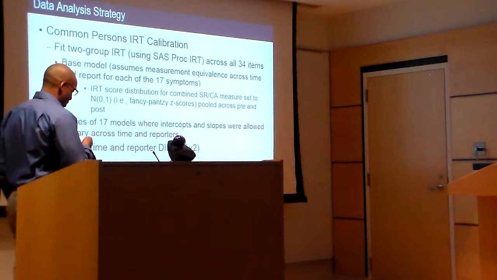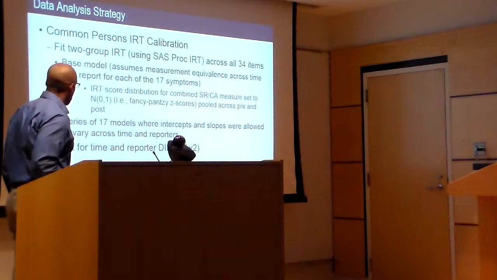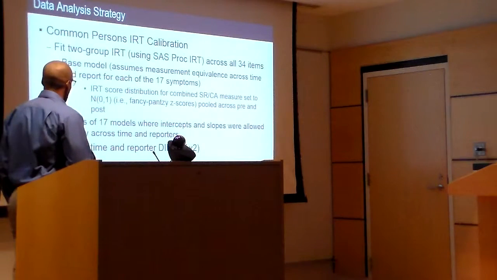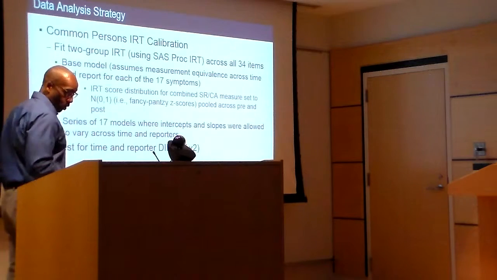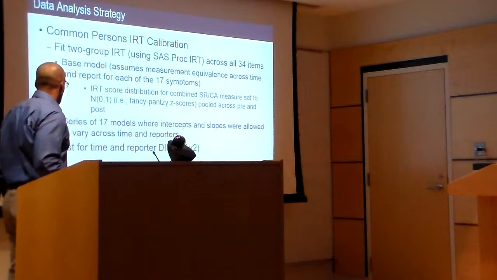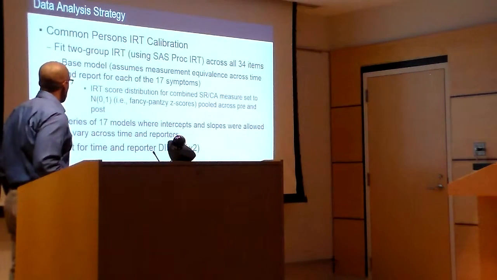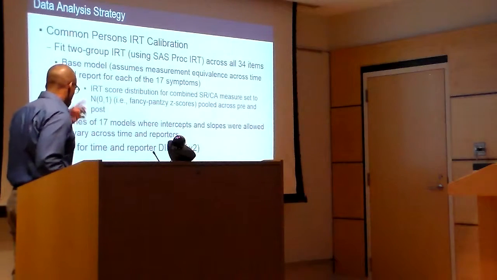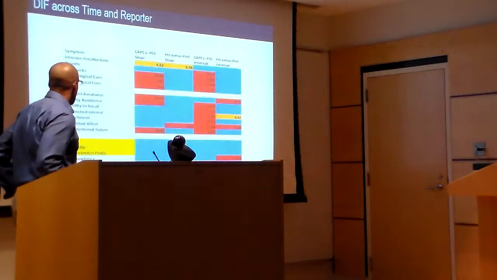So we fit a series of IRT models and generate our scores under what I like to call fancy Z-score modeling with IRT. We tested for differential item functioning across time and reporter.